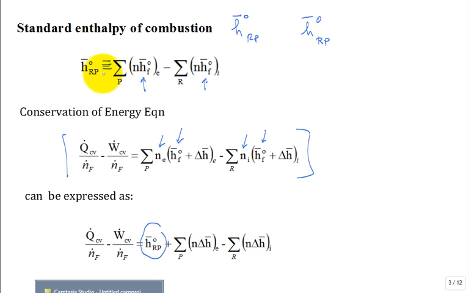And now it's just the change from 298 for the products, or the change in the enthalpy from the reference 298 for each of the reactants. Maybe you like this one, maybe you just stay with this one. It doesn't matter, you just have to solve the problems correctly. But it's the standard enthalpy of combustion. What does it depend on? The stoichiometric coefficient and the enthalpy of formation for the standard combustion of that fuel.